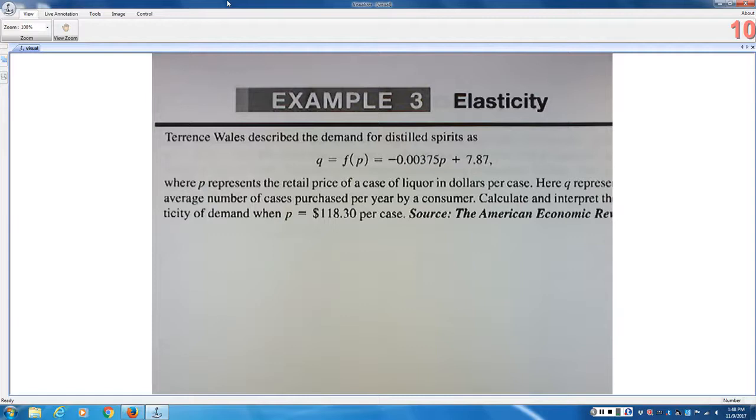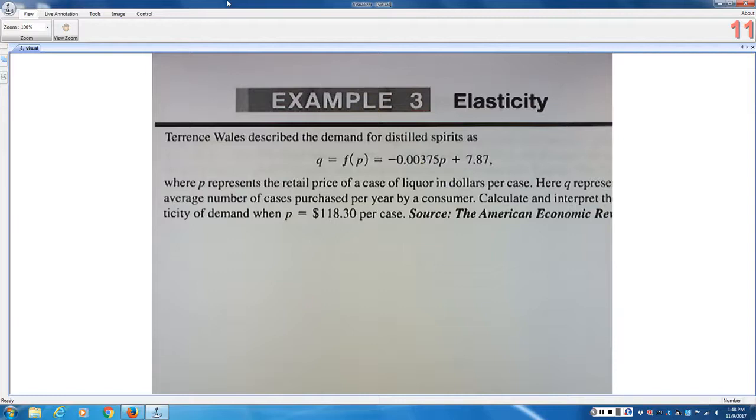Now, looking at the demand for distilled spirits and thinking about what we're talking about here, would you expect the demand to be elastic or inelastic? You would expect it to be elastic. If I don't need it and the price goes up, I'm not going to buy it.